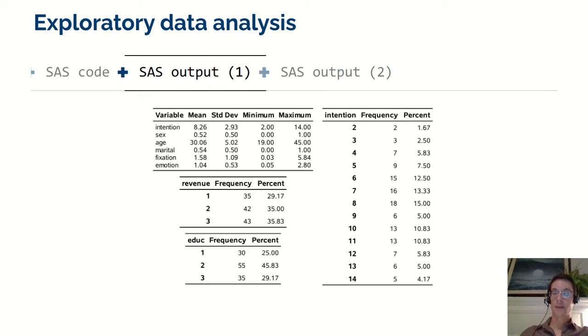Age next is around 30, so you see only adults participated in the study. Marital status, again, pretty balanced. Fixation time, note that some people looked at the ad for a very short period of time, and the maximum is 5.8 seconds.